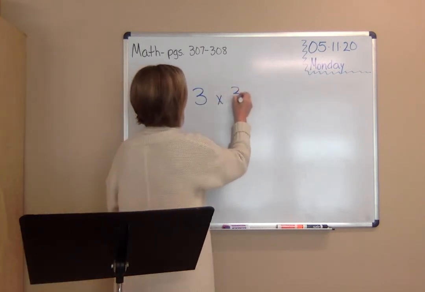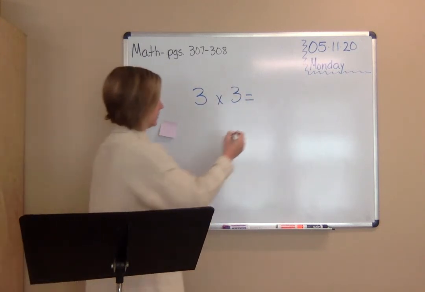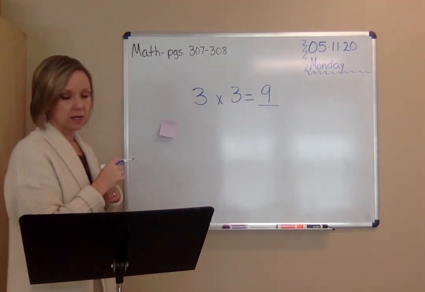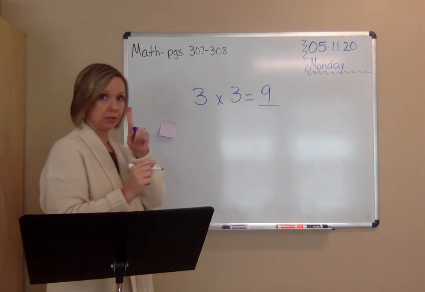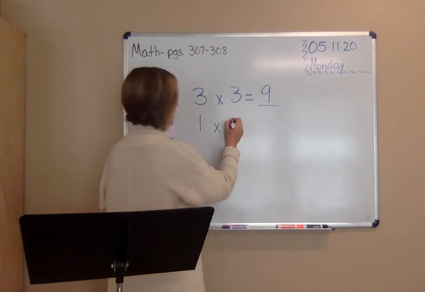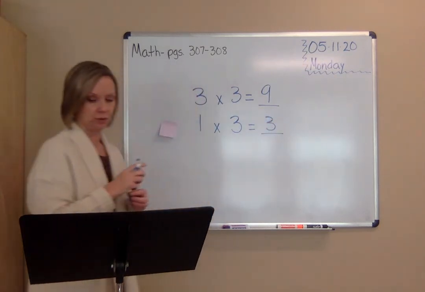Times 3. So how many constellations did Dad see? 9, right? Okay. Mom saw 1 star, but each star represents 3. 1 times 3 equals 3. And that's the way you'll do those.